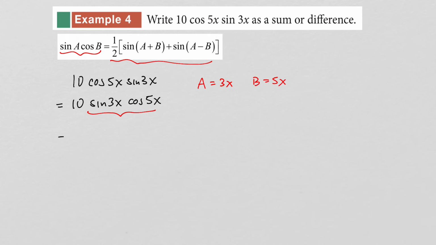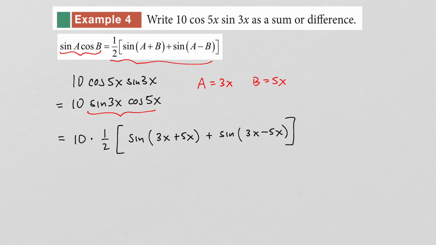So this becomes 10 multiplied by, and now we're going to apply this formula, which starts with 1/2 multiplied by the quantity, sine of a plus b, which is 3x plus 5x, plus sine of a minus b, which is 3x minus 5x.